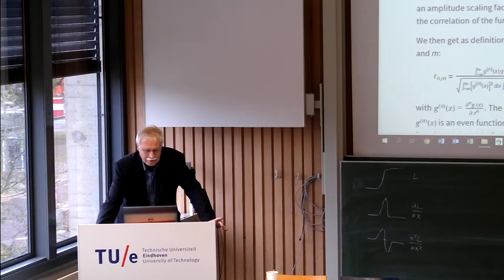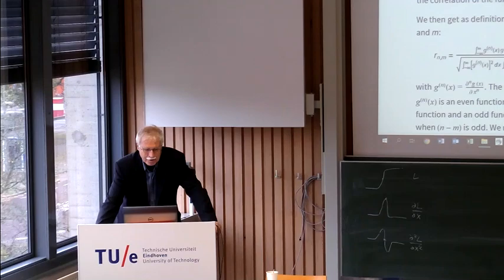You can nicely calculate the correlation coefficient between two Gaussian derivatives. Here we have the nth derivative and here the mth derivative, and we normalize them, so we take the derivative squared and the derivative squared. This is the proper definition of the correlation coefficient, the Pearson correlation coefficient, which you remember from statistics class.